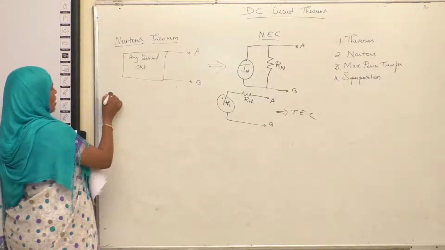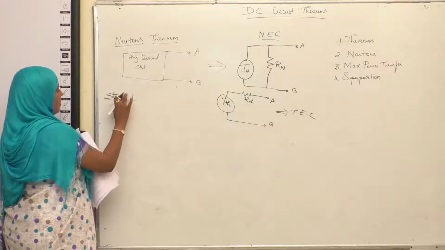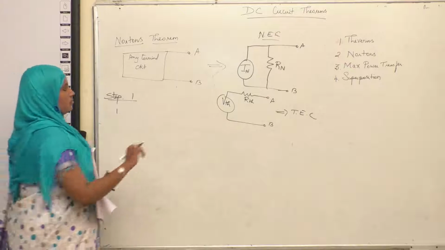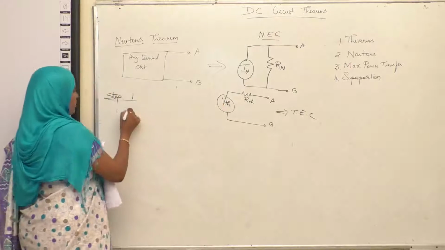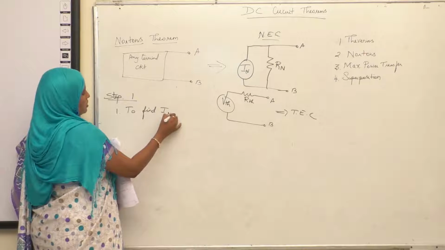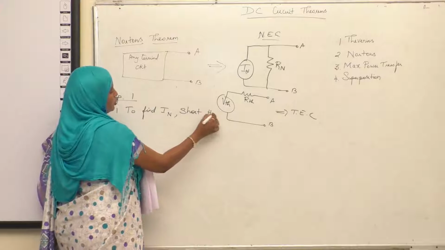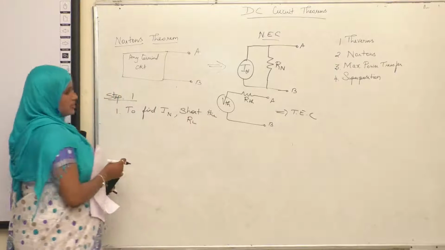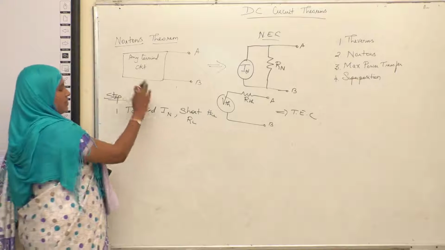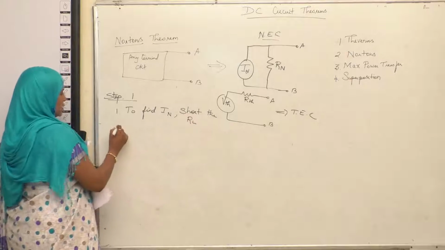So here also you have 4 steps. Step 1, you need to find IN. To find IN, just short the load resistance. In the previous case, you opened the resistance; here you have to short the resistance.